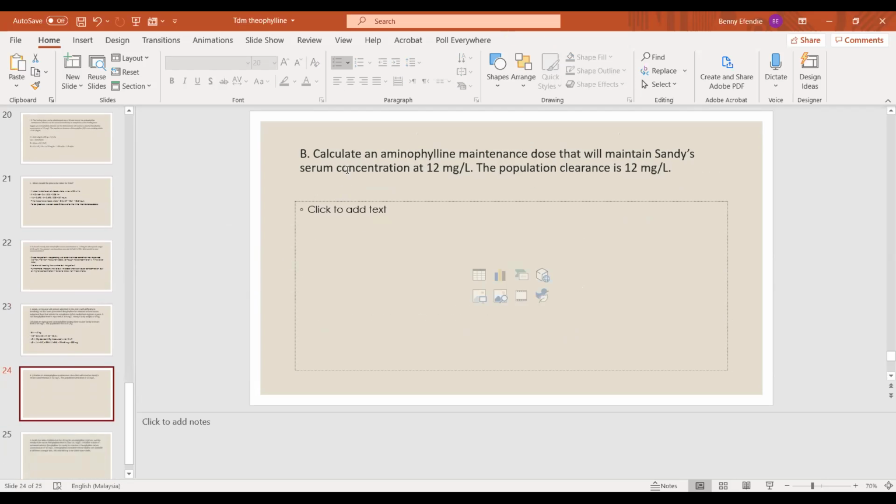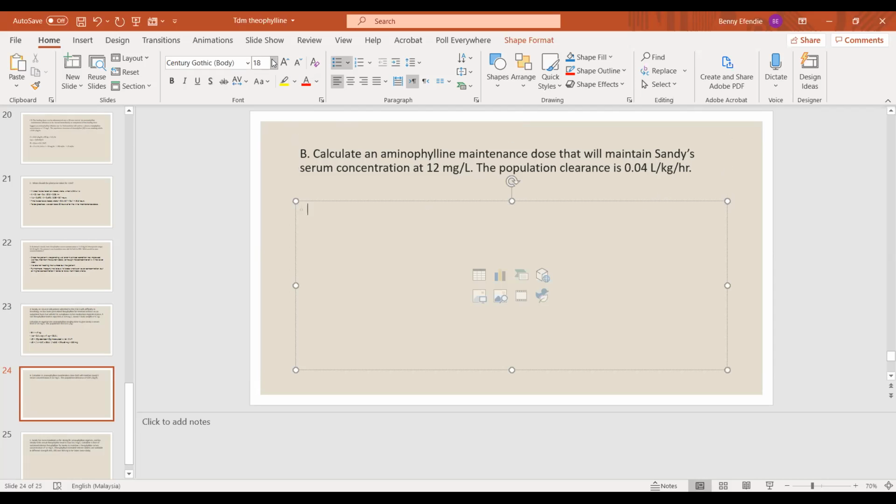Calculate an aminophylline maintenance dose that will maintain Sandy's serum concentration at 12. The population clearance is 0.04 liter per kg per hour.